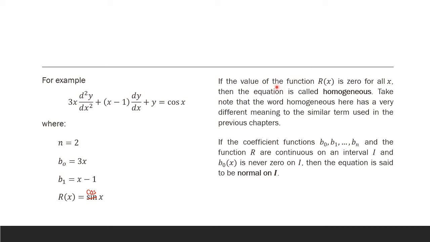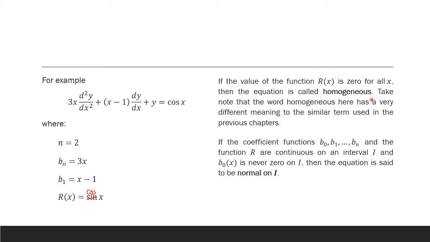Now, let's look at this concept. If the value daw of the function r of x, meaning kung saan tayo naka-equal, ay 0 for all x, meaning yung cosine x natin wala. This is equal to 0. Then the function or the equation is said to be homogeneous. Iba to dun sa tinutukoy natin, homogeneous differential equation na discuss natin in the previous chapter.